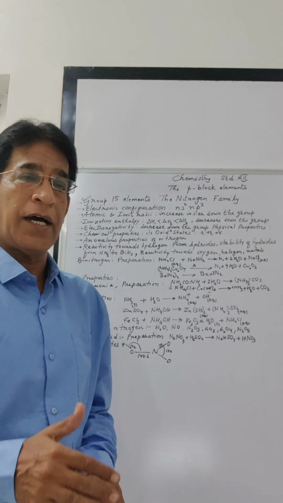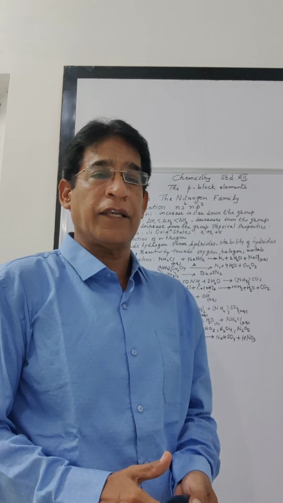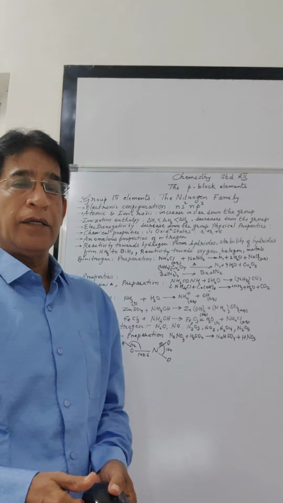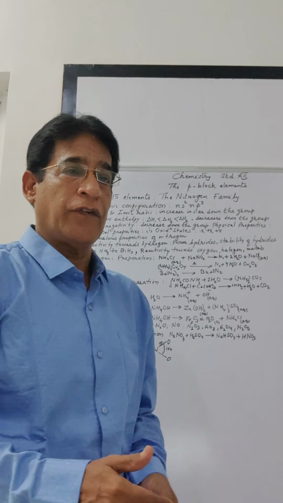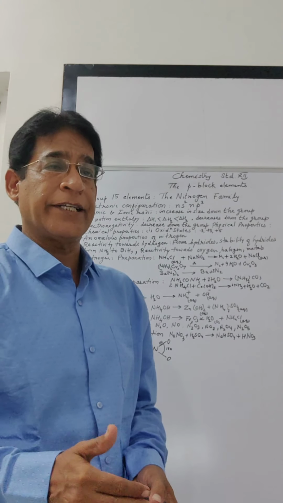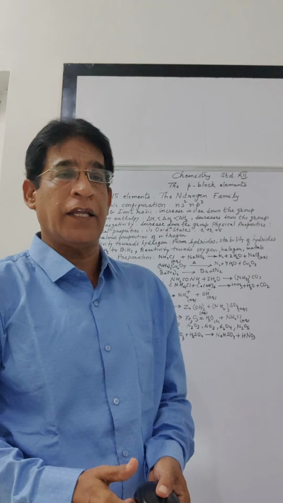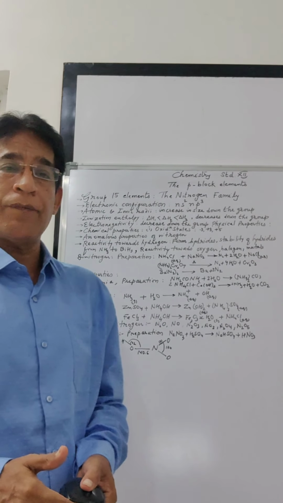However, from arsenic to bismuth, only a small increase in covalent radius is observed. This is due to the presence of completely filled d and/or f orbitals in heavier members.